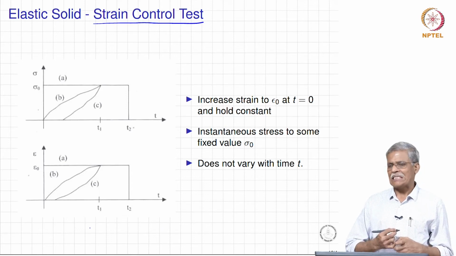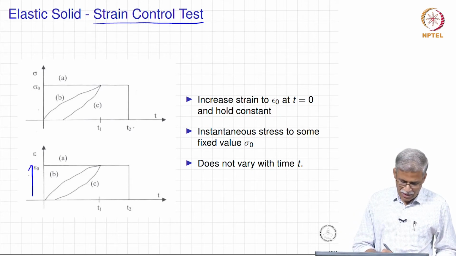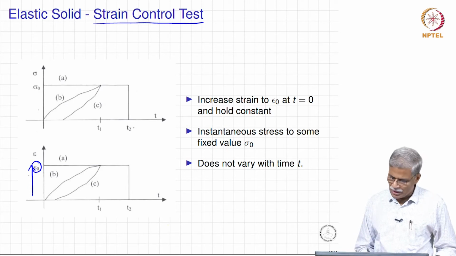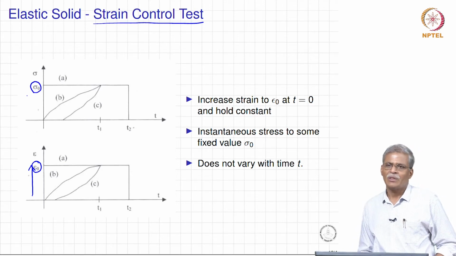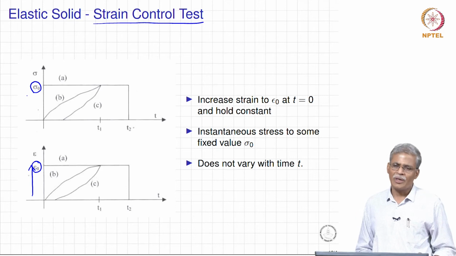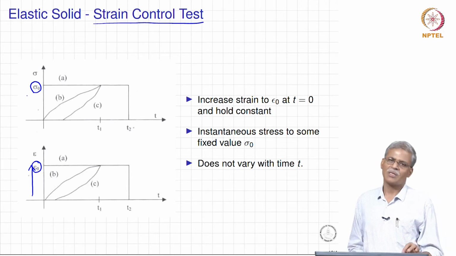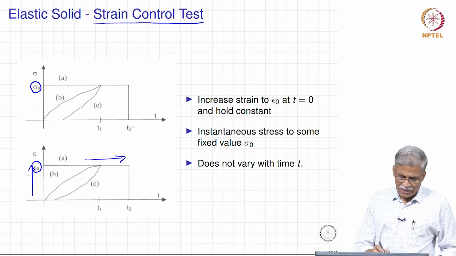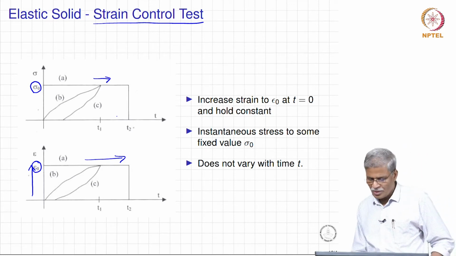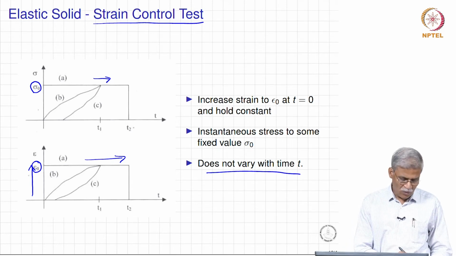We are going to take this steel rod, whatever be the object, and subject it to an instantaneous strain of epsilon naught that is shown here, and because of this what will really happen, the stress also reaches an instantaneous value, or to put it in a correct way, to get a strain of epsilon naught, one needs to apply a stress of value sigma naught here, and since the strain is kept constant, the stress that is required to keep the strain constant is also going to be of this particular order, and this is also not varying with time. Okay, right.